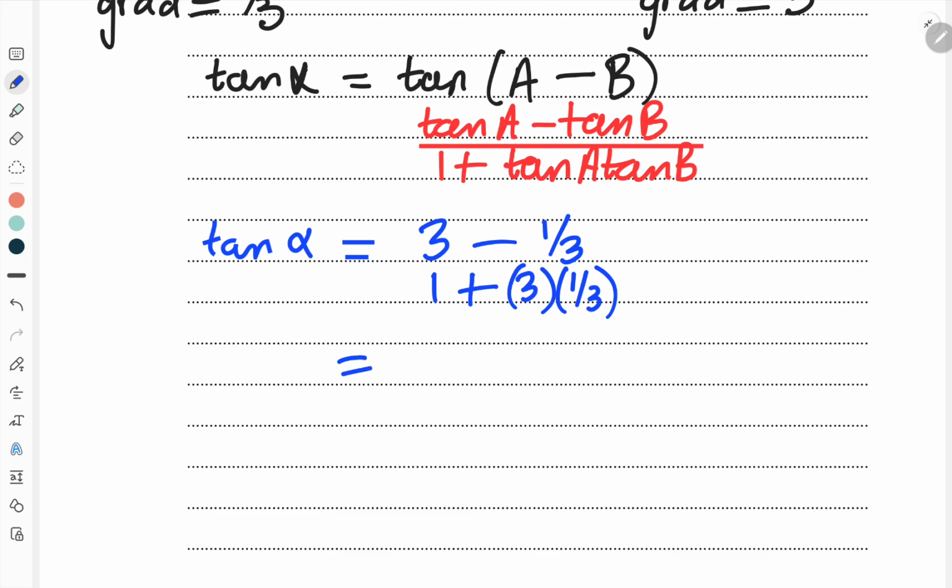All right, so our numerator will give us 8/3. Our denominator will give us a 2. And when we divide, our tan alpha would give us 4/3.